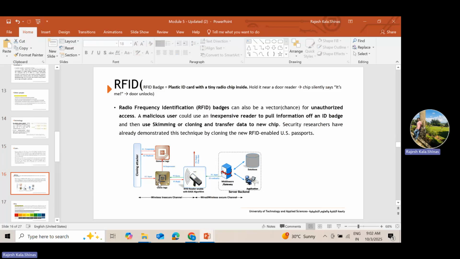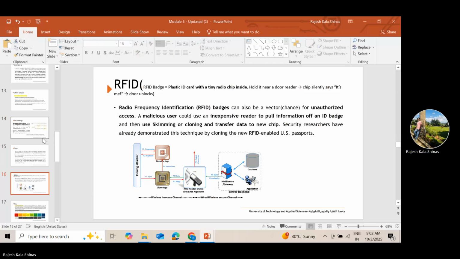Then he will use cloning or skimming: he will keep a copy of the data and send it to a chip. Then using that chip, he may share the data with others. It's also possible. The same thing happens in ATM card skimming also. They can take a copy of that ATM card, and all the data will be shared to another card, maybe wired or wireless.